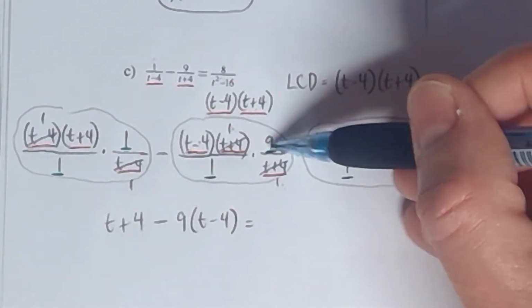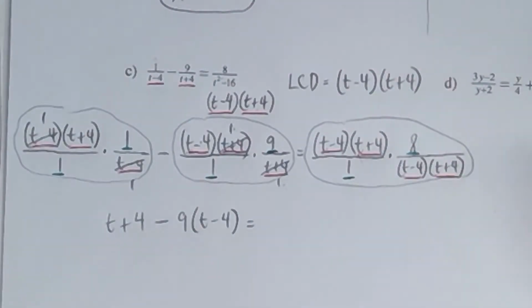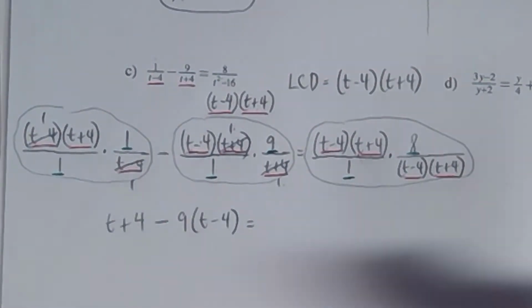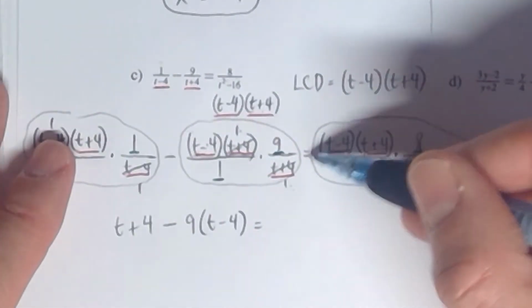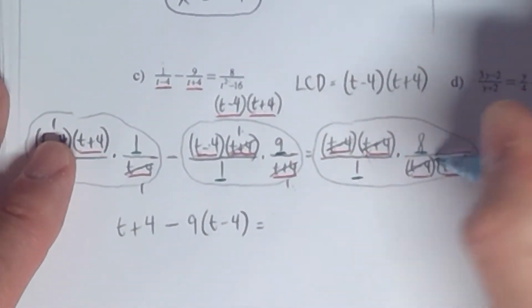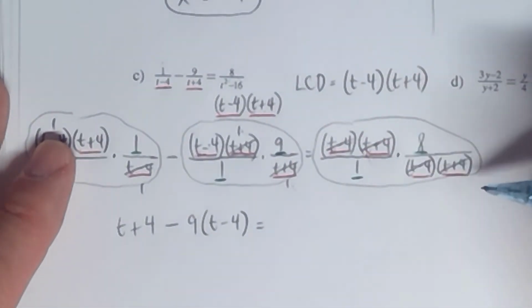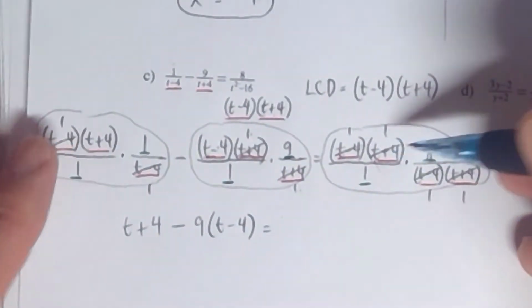So single term times 2 terms, put the single term in front. After you're done canceling, bring down the equal sign. Over here, 2 things cancel, right, the t minus 4s and the t plus 4s cancel right there, so all you have left besides the 1s is the 8.